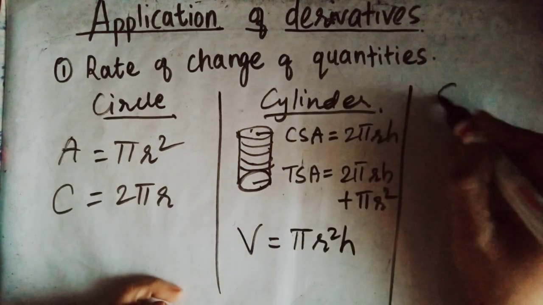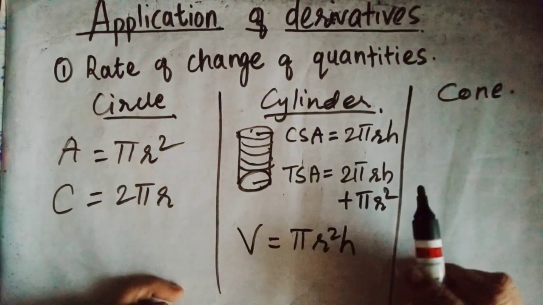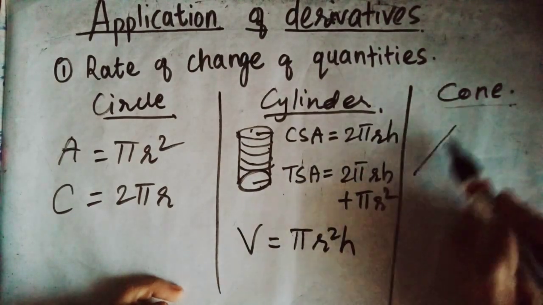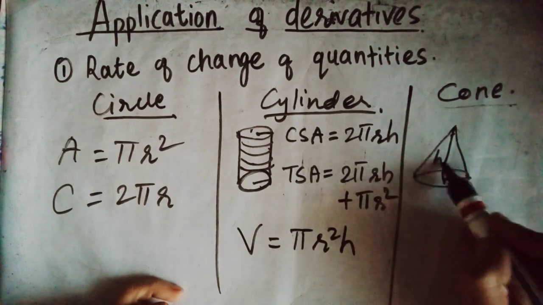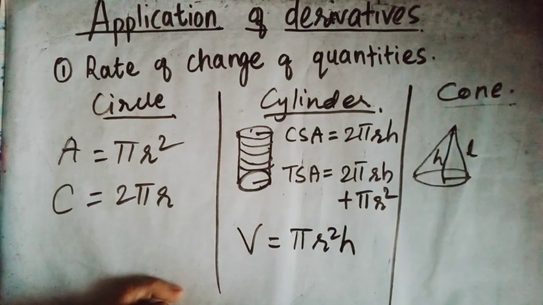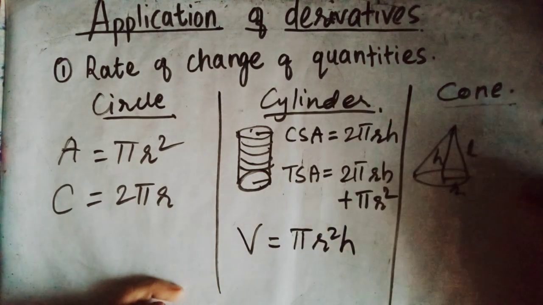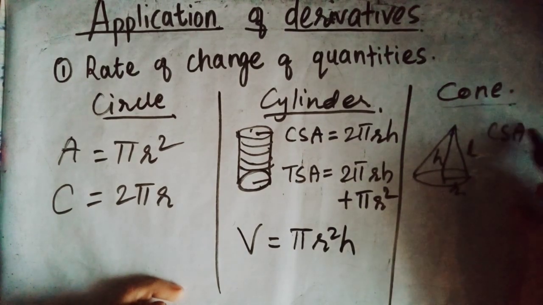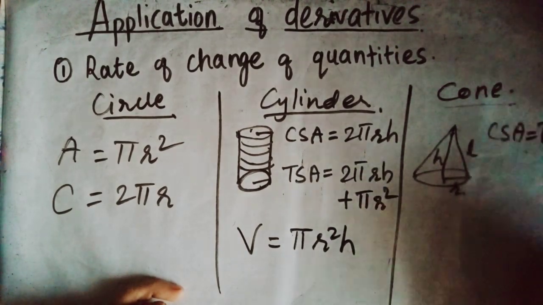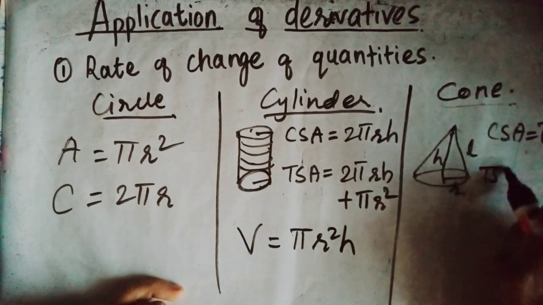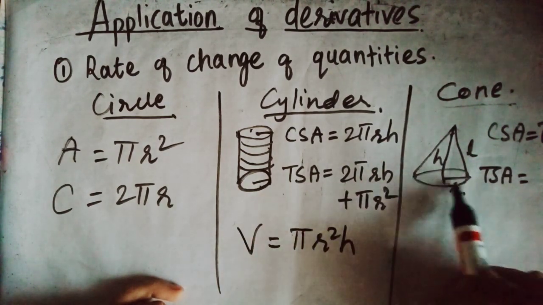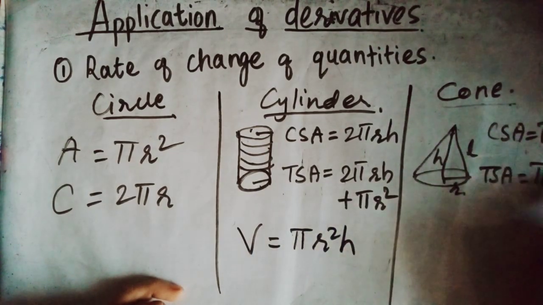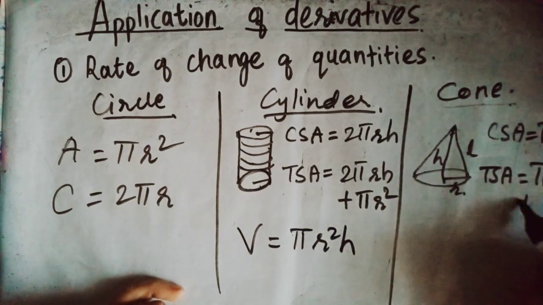Cone is like this. This height is h and this height is slant height. Its curved surface area is pi r l. Total surface area will be addition of the area of this circle, so pi r l plus pi r square.